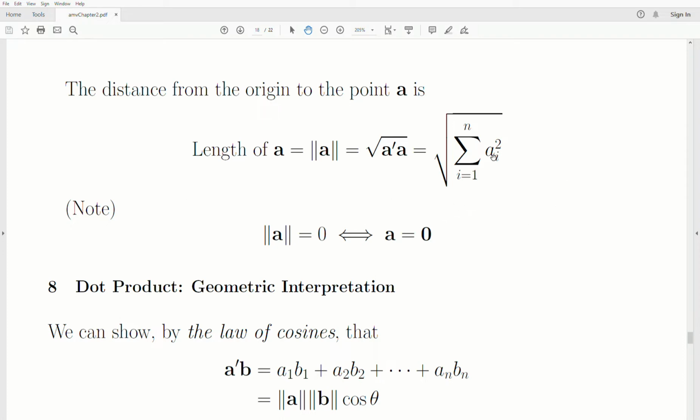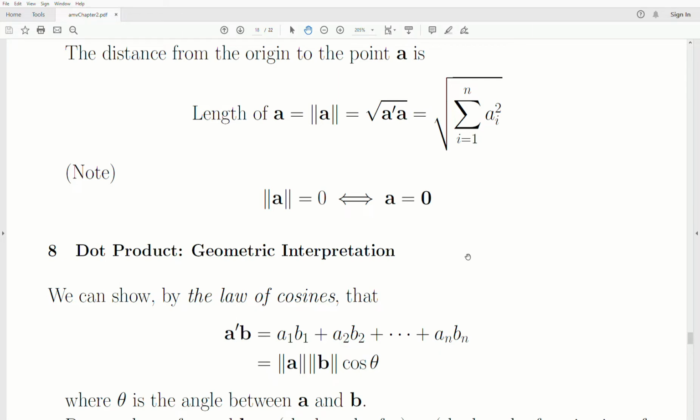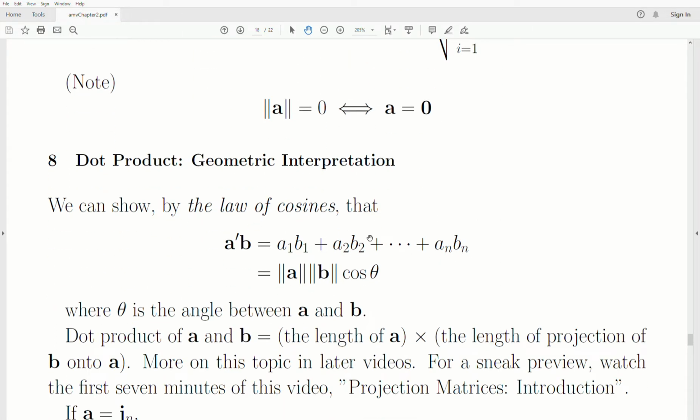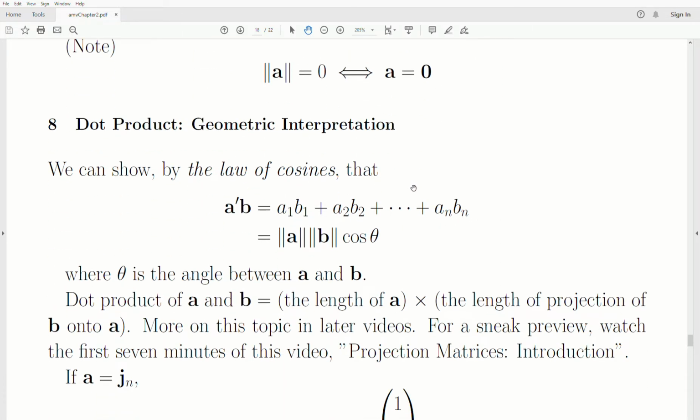Since it's the sum of squared things, it has to be 0 or more. You can't have a negative length of a vector. As a matter of fact, if the length is 0, that implies that every component is 0, so it's the 0 vector.